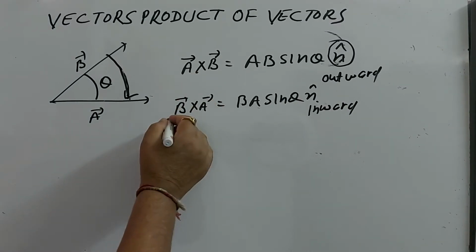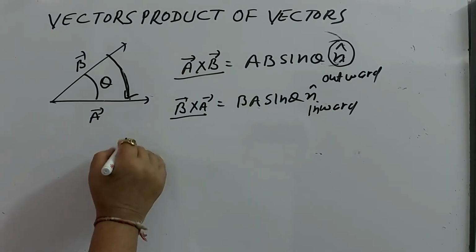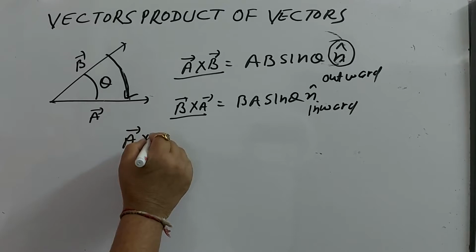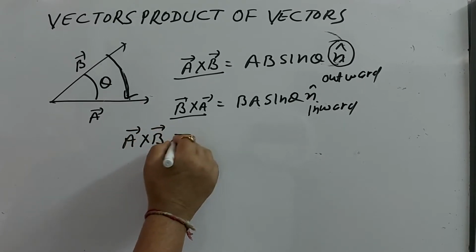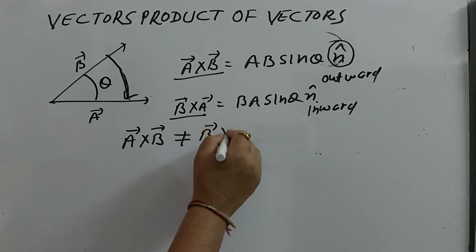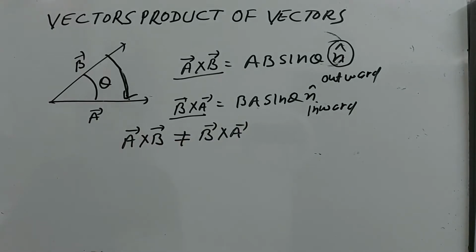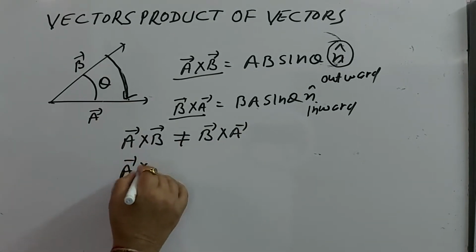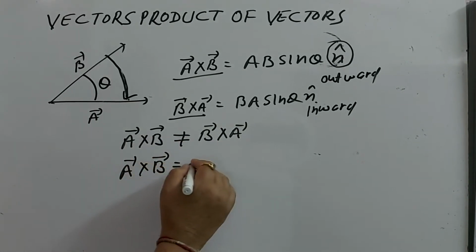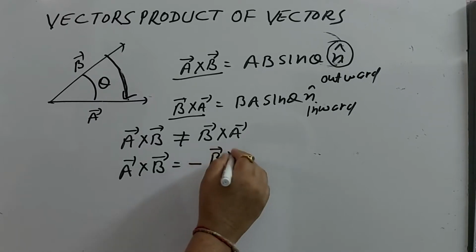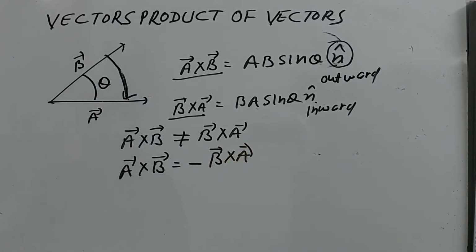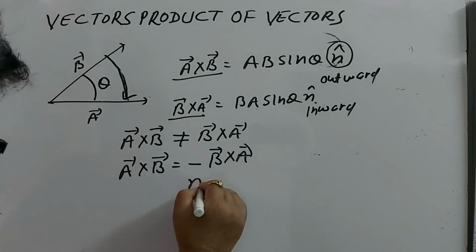Now the direction of this is opposite to this, therefore A cross B is not equal to B cross A, but A cross B is the negative of B cross A. Therefore, this is non-commutative.